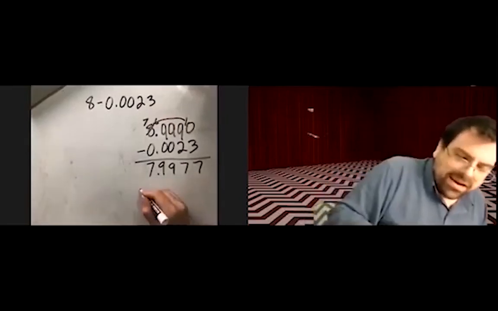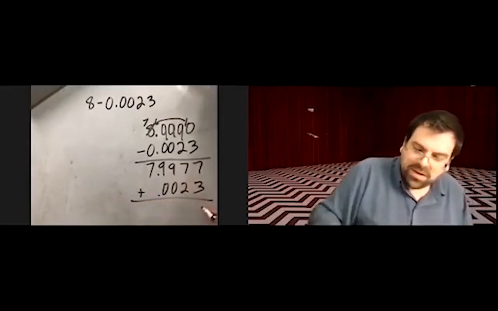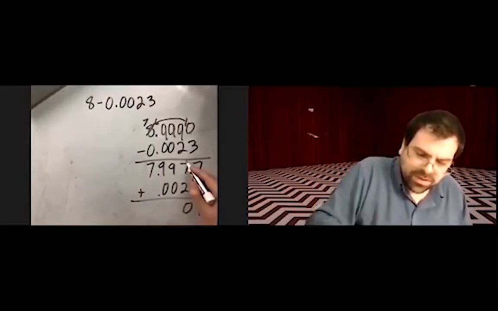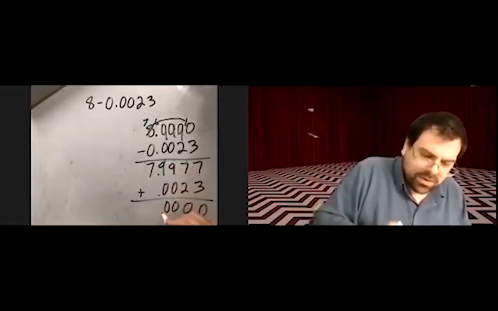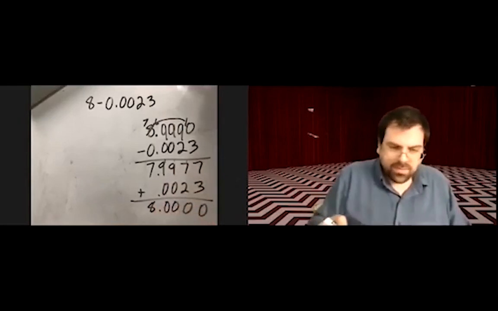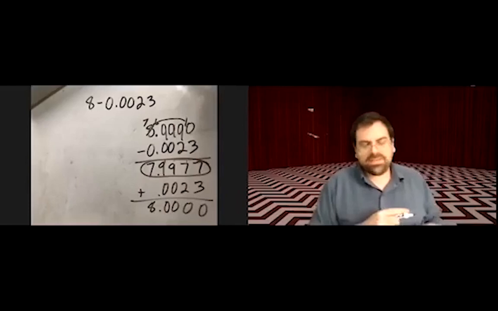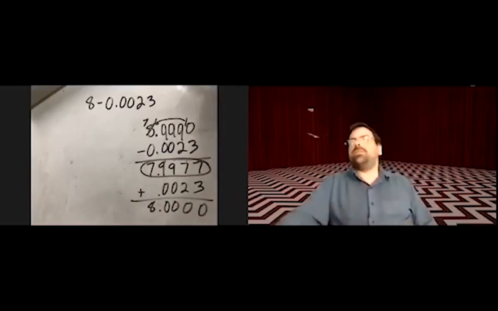And if we add the 0.0023 back, we get 0, 0, carry the 1, carry the 1, carry the 1. We get 8. 7.9977 is correct here. We checked by adding. We got the right answer.